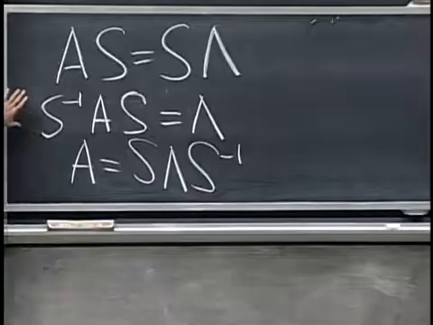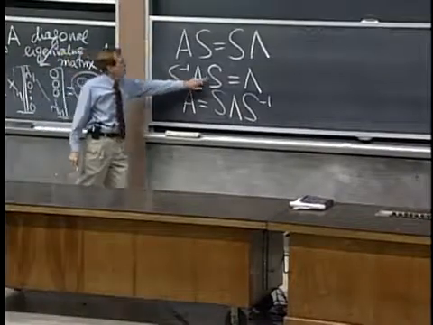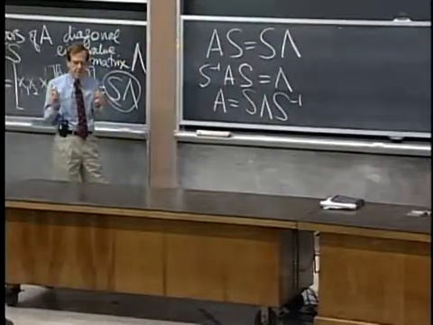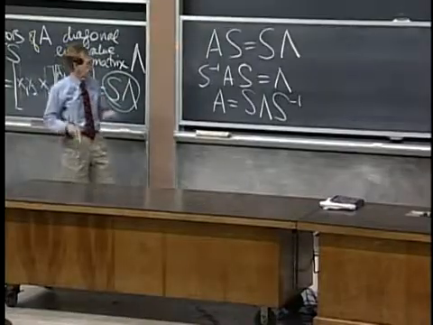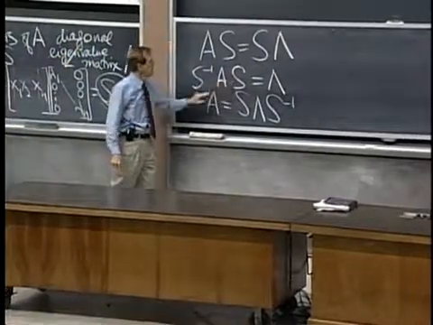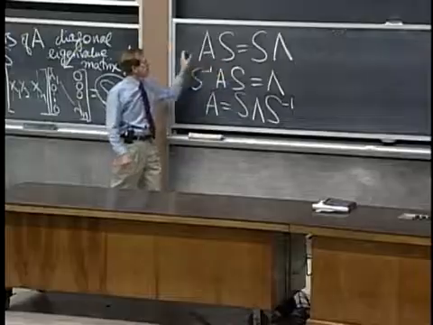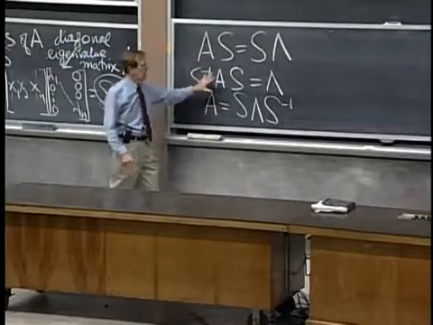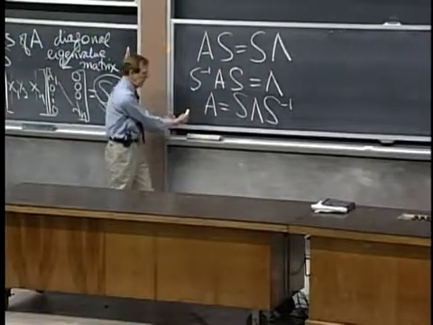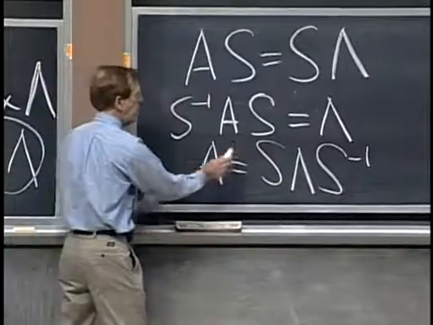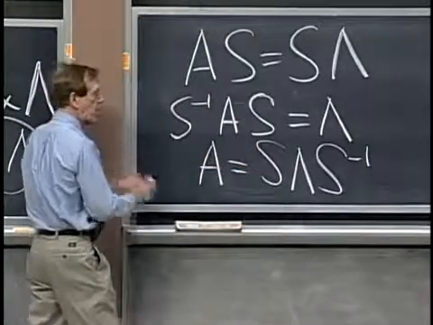So can you keep those two straight? A multiplies its eigenvectors. That's how I keep them straight. So A multiplies S. And then this S inverse makes the whole thing diagonal. And this is another way of saying the same thing, putting the S's on the other side of the equation.